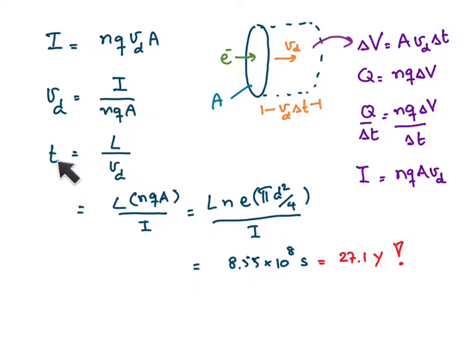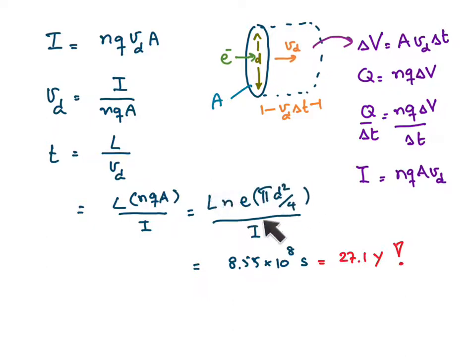NQA, and t is equal to L over Vd. We substitute Vd equal to I over NQA here, so we have that t is equal to L over I over NQA, or L times NQA over I. Q is the charge of the electron, which is equal to e, and A is the cross-sectional area of the wire. The wire has a diameter of D, so the cross-sectional area is pi D squared over 4, because r is equal to D over 2, so pi r squared is equal to pi D squared over 4.